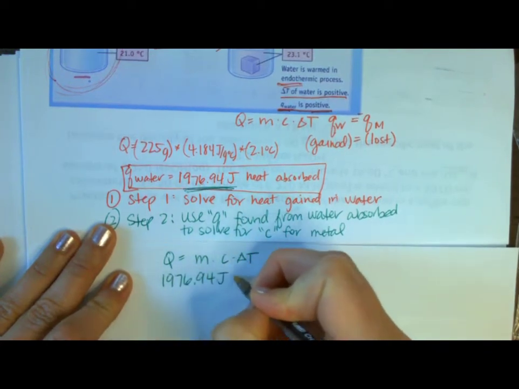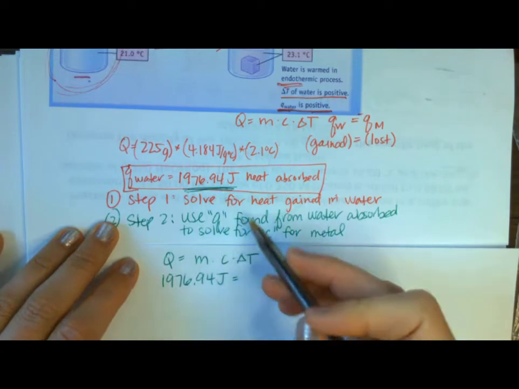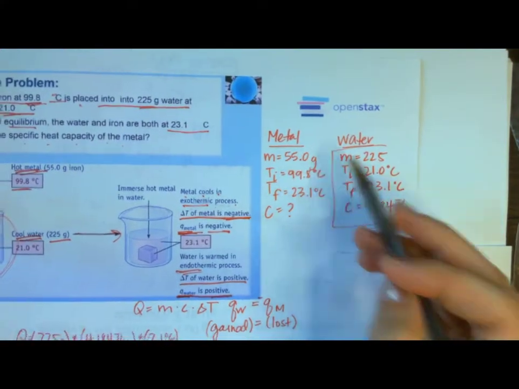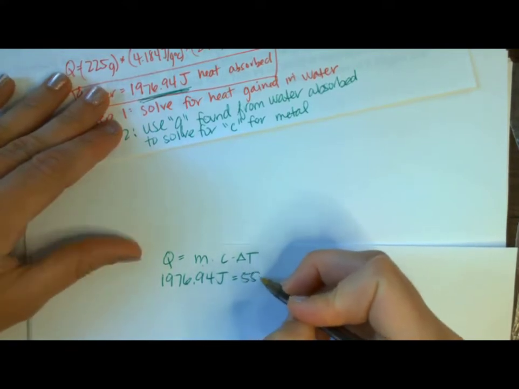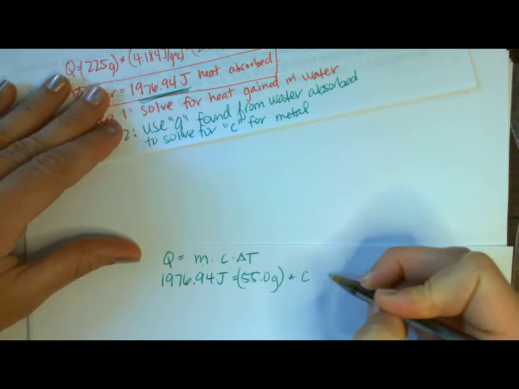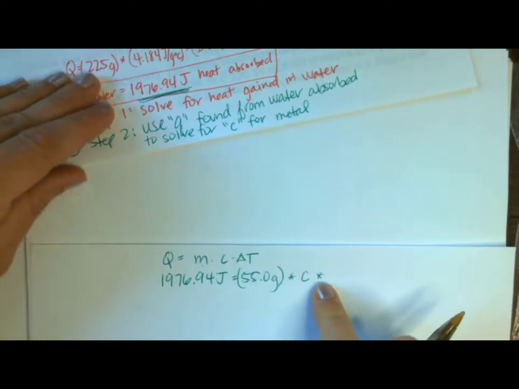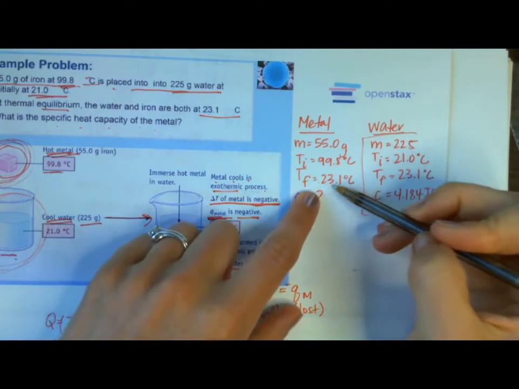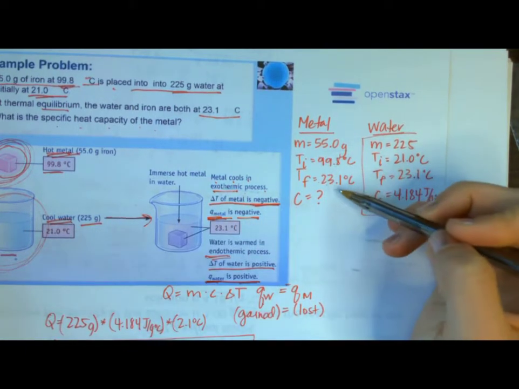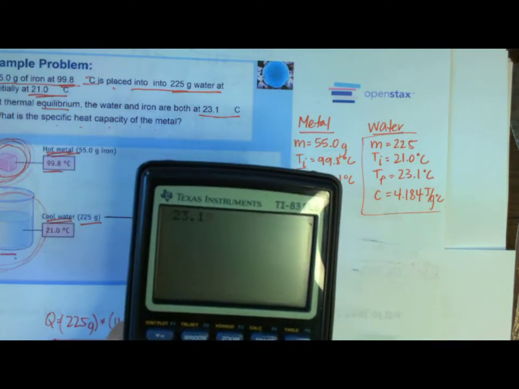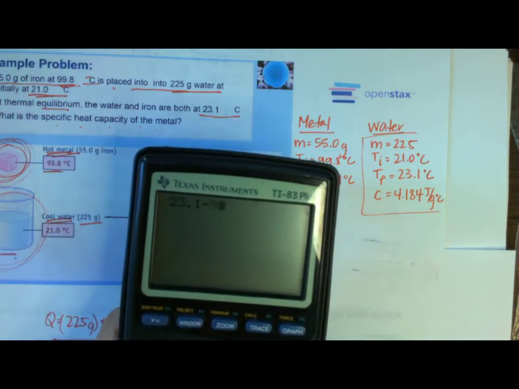So we're going to use this 1976.94 joules. We know the mass of our metal, I'm going to pull this down, is 55.0 grams. We don't know the specific heat of the metal, M times C times. Let's look at the change in temperature of the metal. So we're going to do final minus initial, 23.1 minus 99.8.